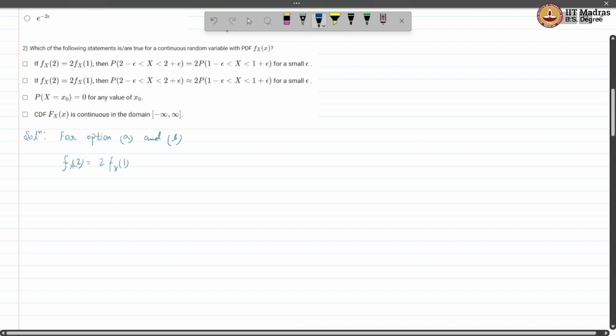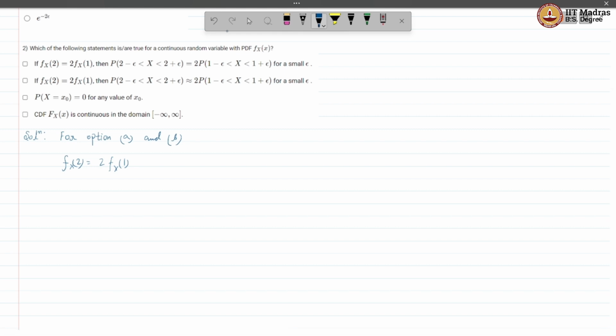And we have to find whether the probability that x is greater than 2 minus epsilon and less than 2 plus epsilon, is it exactly equal to 2 times the probability that x is greater than 1 minus epsilon and less than 1 plus epsilon, or is it approximately equal to this probability?